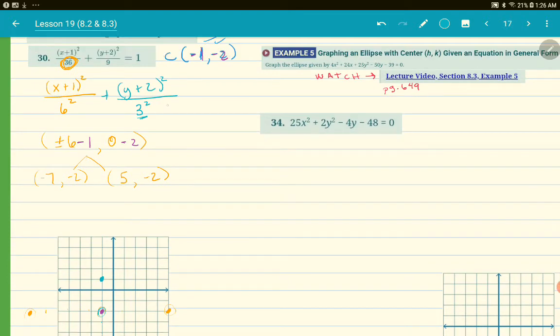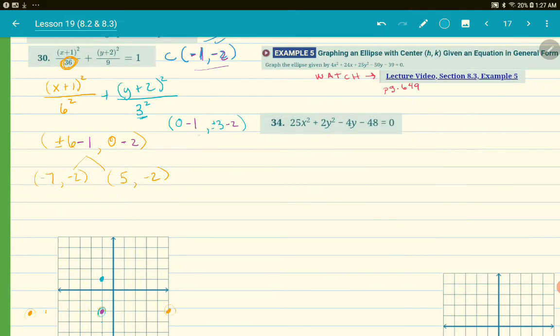And again, algebraically, if this was centered at the origin, my vertices would be x equals 0 and y equals plus or minus 3. But we shifted, so we went left 1 and down 2.